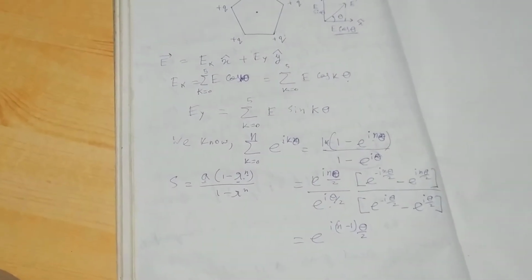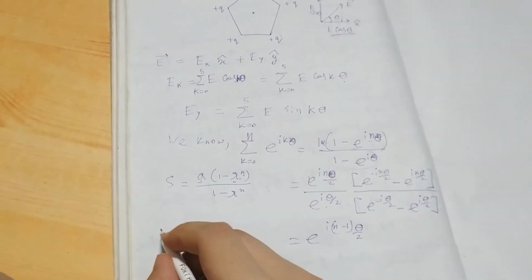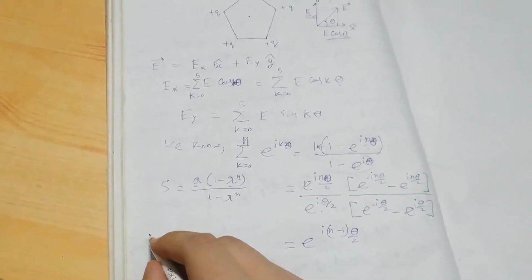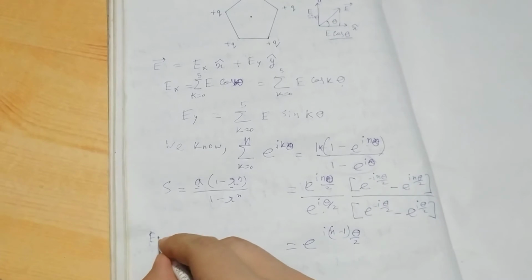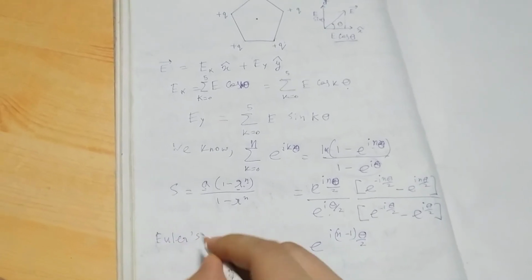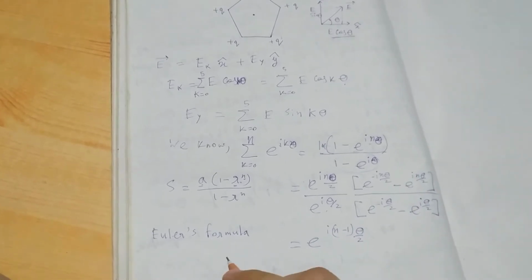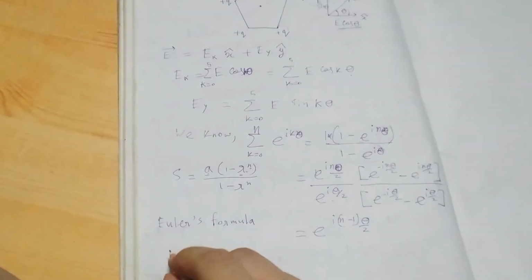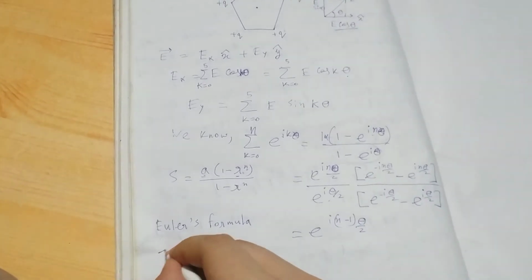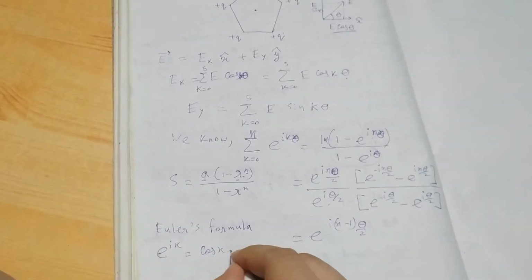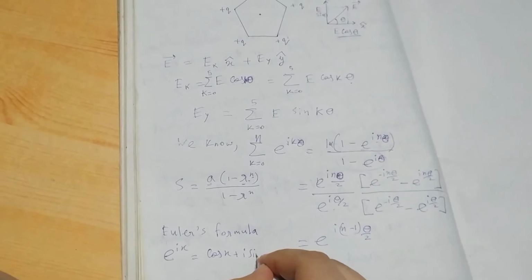There are two rules, two formulas. One is Euler's formula. This will come in handy later. That is e to the power ix is equal to cos x plus i sin x.